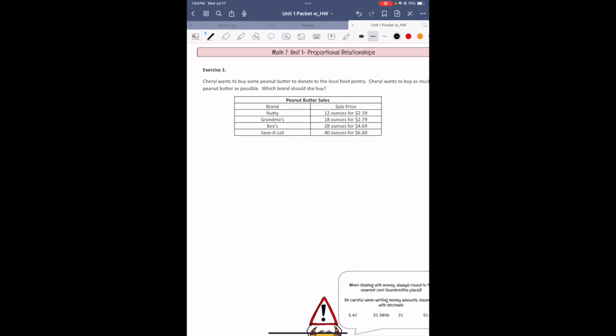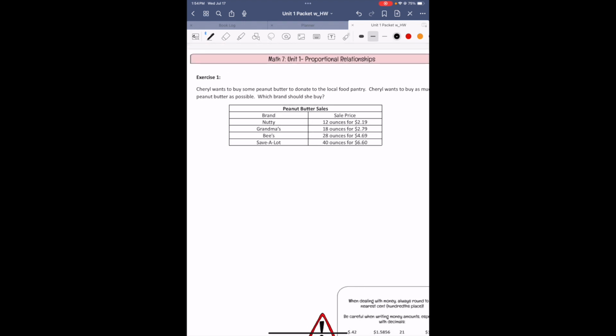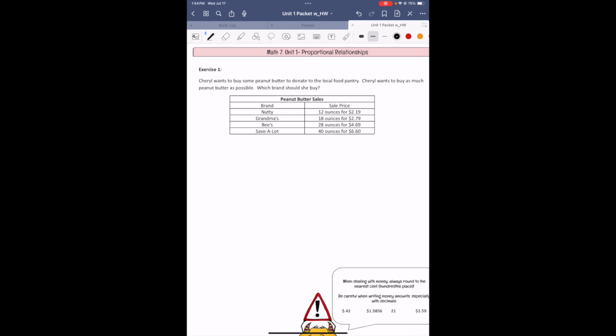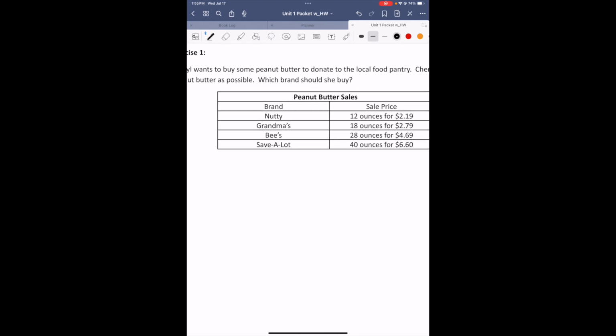So on this page, I'm going to have you go ahead and try this on your own first. So I'm going to have you pause the video. When you're all done, go ahead and unpause the video and then watch it through to make sure and check your work. Should she buy? Okay, well, if I take a look, there are 1, 2, 3, 4 different brands.